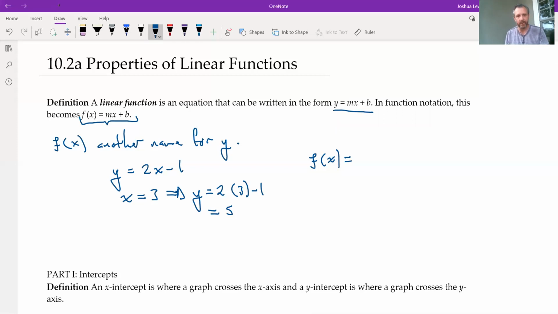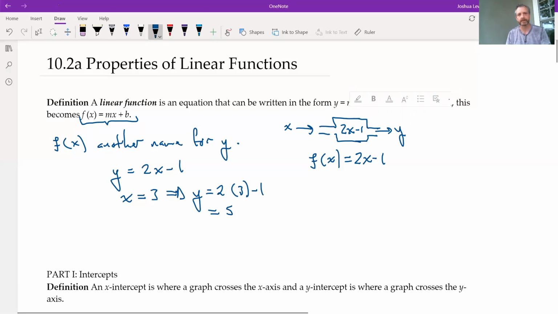And so just like I could say y is 2x minus 1, I could say f of x equals 2x minus 1, meaning there is a function that takes x as its input, multiplies it by 2, subtracts 1, and spits out a y. The name of this function would be f of x.